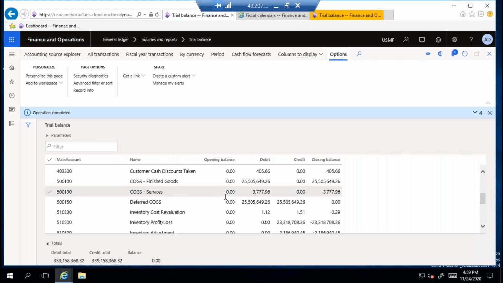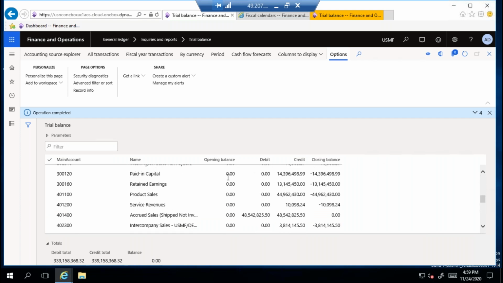So 4 series balances also exist, 4 series and 5 series. But if I run this year-end process, what happens? The opening balances for 2016 will be shown, but only up to 3 series. For 4 series, it will show 0 only.